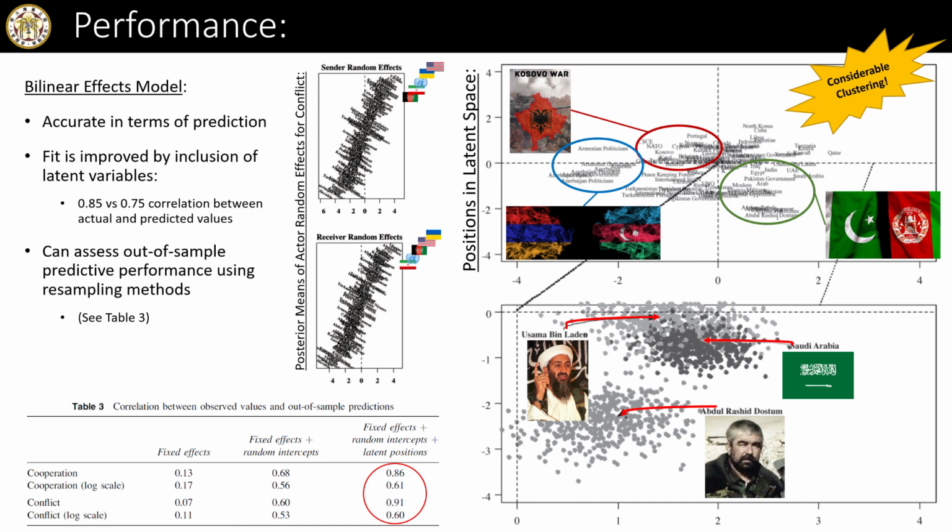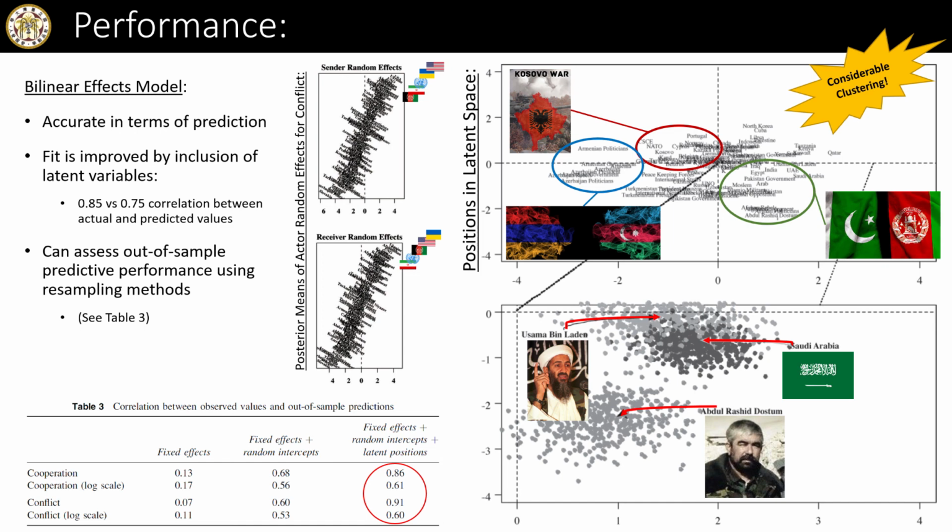And so they do this by using resampling methods to assess the out of sample predictive power, right? Those out of sample prediction effects values are shown here in table 3.